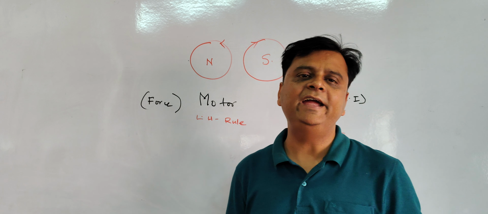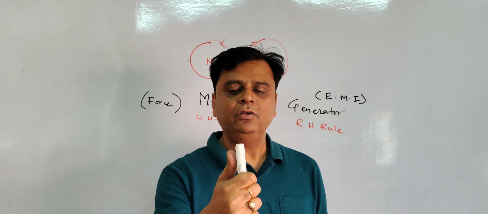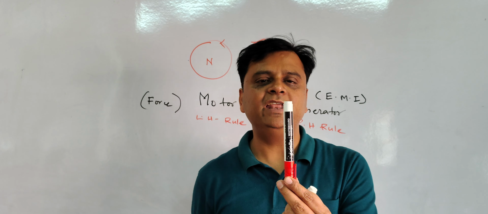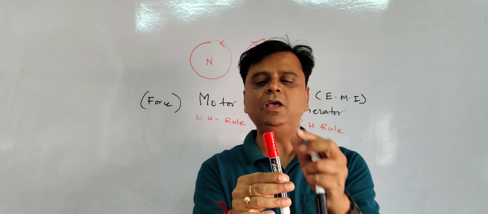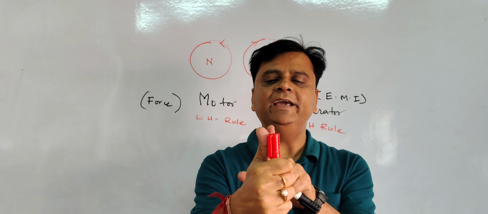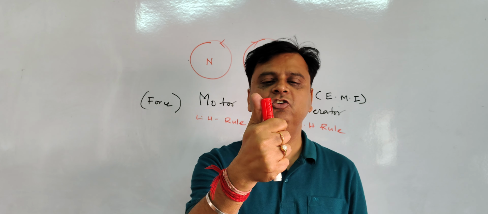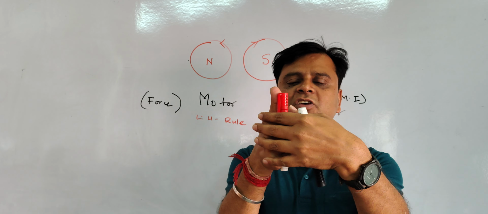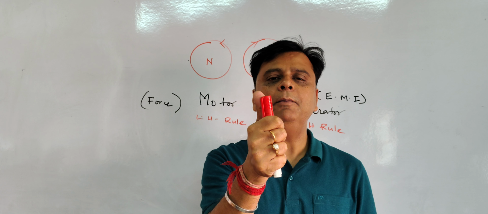First, let us start with a very simple rule which is called the thumb rule. Suppose this is a wire which is carrying current, and the current is in the upward direction. My thumb indicates the direction of the current, and the curling fingers give the direction of the magnetic field.